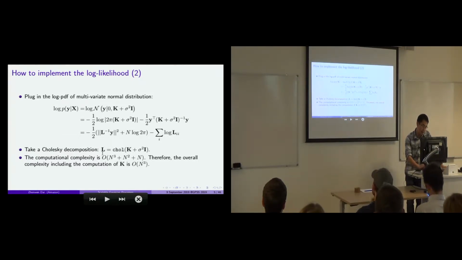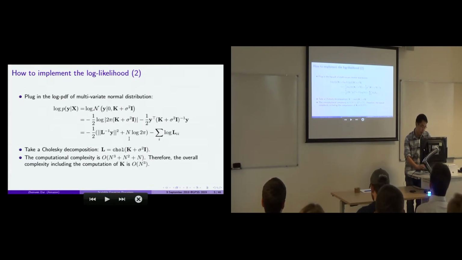After we obtain a Cholesky decomposition of the covariance matrix, the log determinant is basically the sum of the log of the diagonal of the triangular matrix, because it's a lower triangular matrix. This term has complexity n. And the quadratic form becomes the squared L2 norm of L inverse times y. This has n squared complexity, which is quite easy to see.